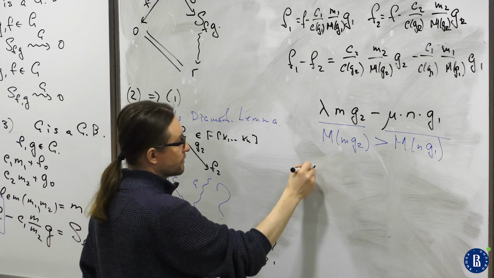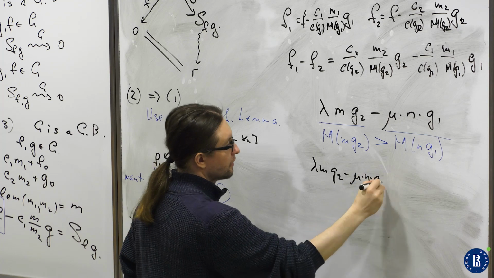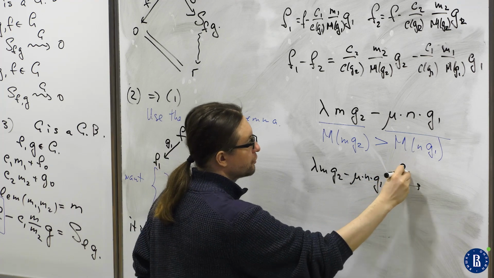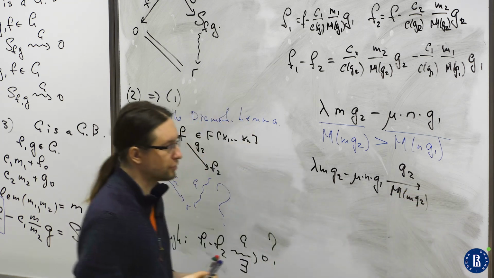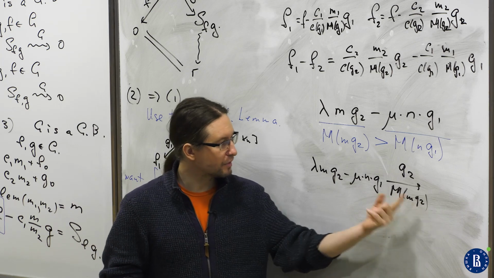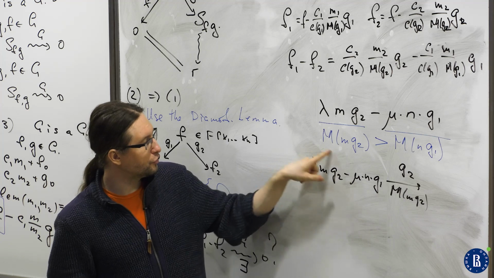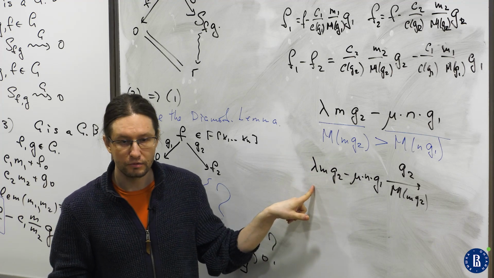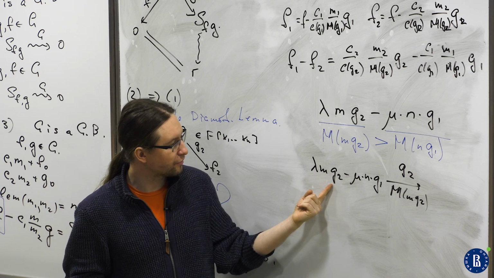So we can take this difference and we can reduce this monomial by G2. But what does it mean that we reduce this monomial by G2? It means that we just reduce the first summand to 0, because how do we reduce the leading monomial of this guy by G2?